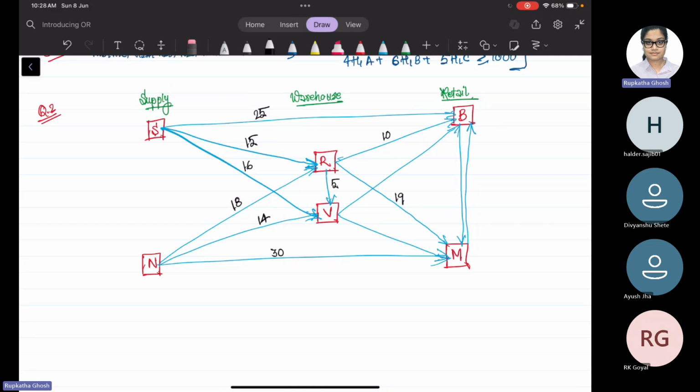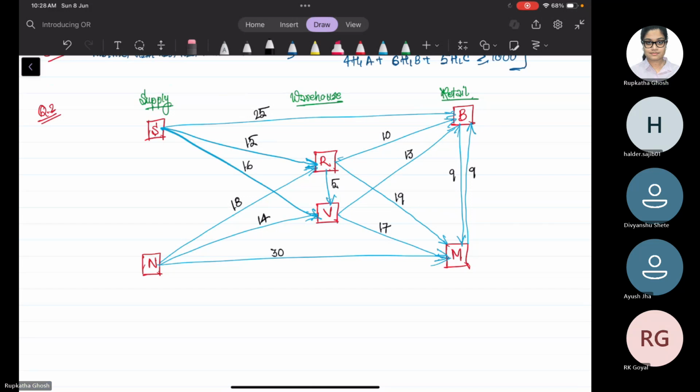From V, shipments can be made to B at 13 rupees per unit, or to M at 17 per unit. Finally, shipments may be made between B and M in either direction at 9 rupees per unit. So this is how I made the network.